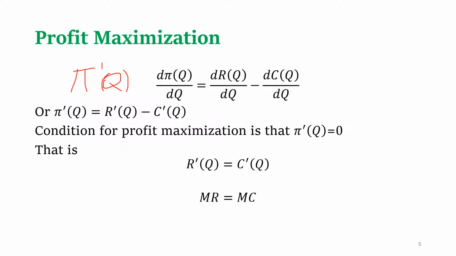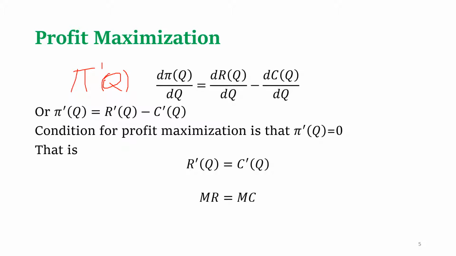So if you have pi prime Q equals 0, then automatically marginal revenue will equal marginal cost, because the marginal revenue is the derivative of the revenue function with respect to quantity. That is the addition to total revenue as one more unit of output is produced or sold. The addition to revenue as the farm sells one more unit of output. So that is the marginal revenue.